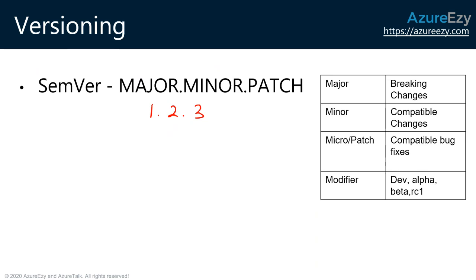Now suppose you are making some changes, and those changes are going to change the way this particular package A works. It will not be backward compatible. It is going to change the whole implementation of one of the classes or functions in a way that it is going to break the 1.2.3 way of using it. Maybe you are renaming the complete function name.